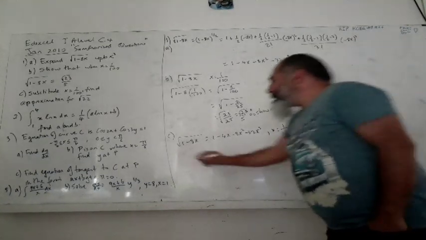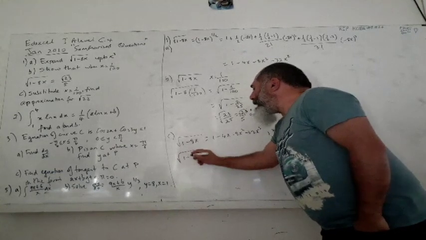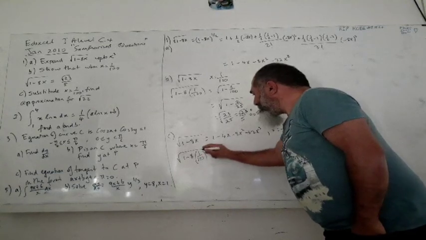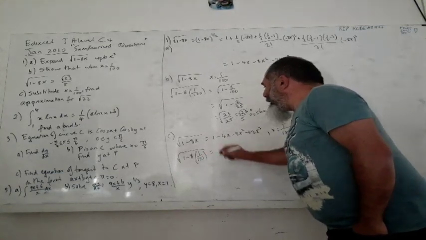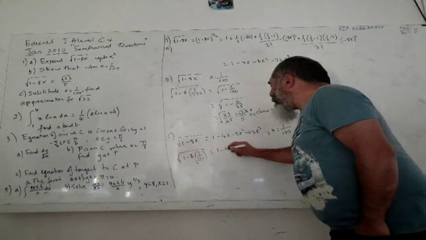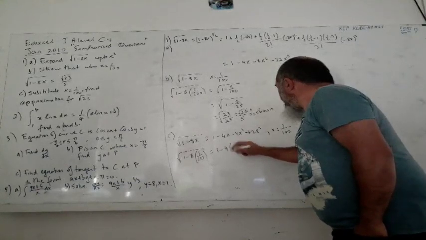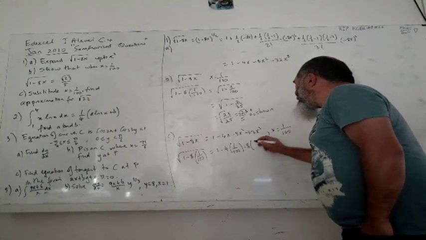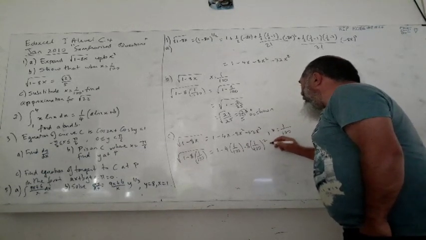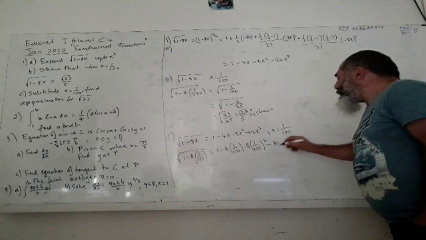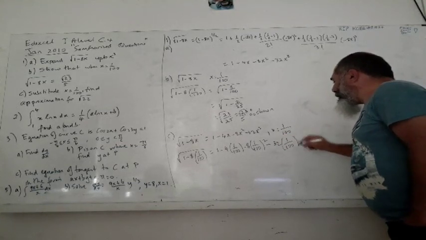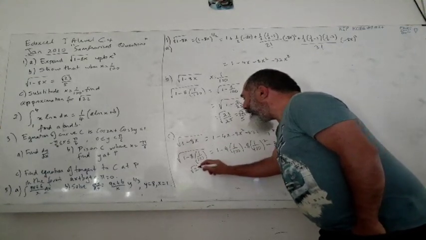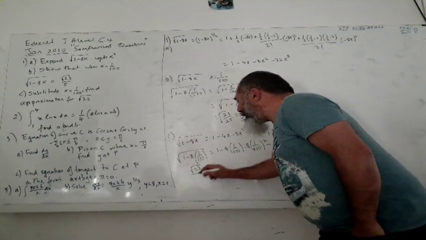So root of 1 minus 8 times 1 over 100 will be equal to 1 minus 4 times 1 over 100 minus 8 times 1 over 100 squared minus 32 times 1 over 100 cubed. This is equal to root 23 over 5, already shown.